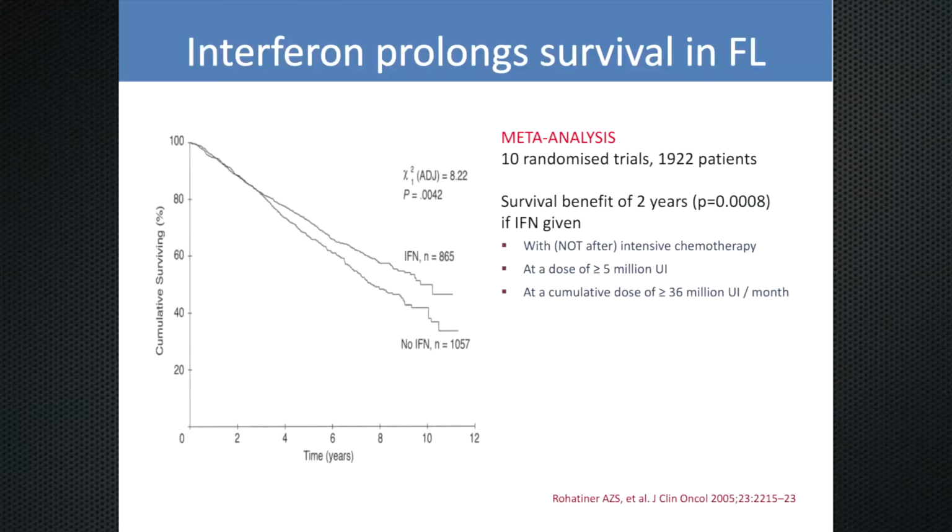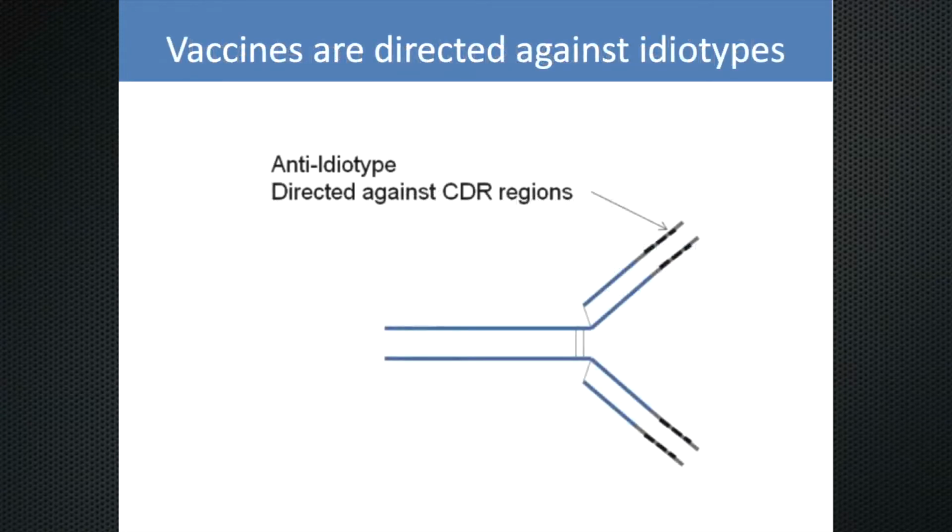That means very high dosages of interferon with a lot of side effects, and these high dosages might perhaps more represent a cytotoxic event than a real immunomodulating event. The next step was the development of vaccines directed against idiotypes.